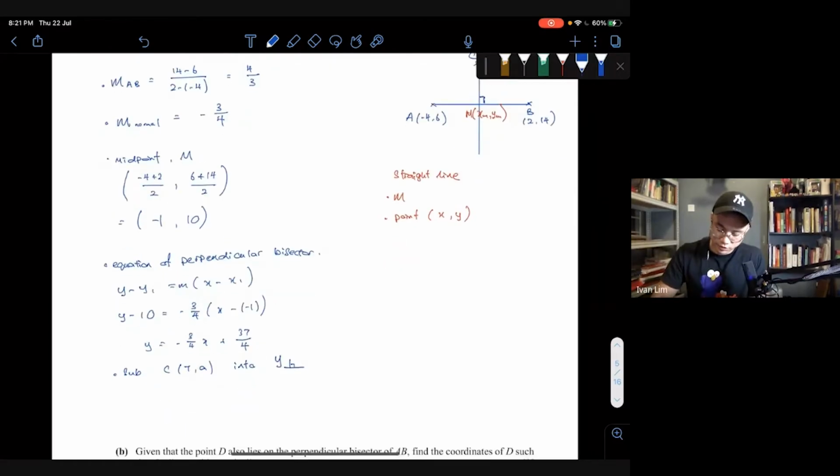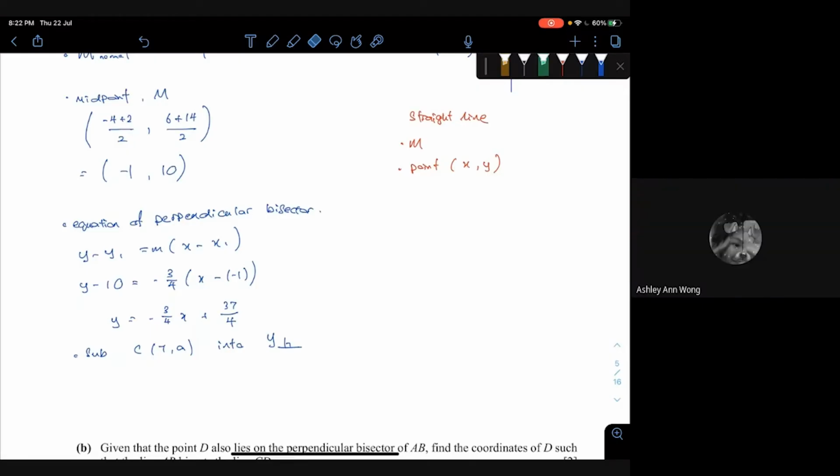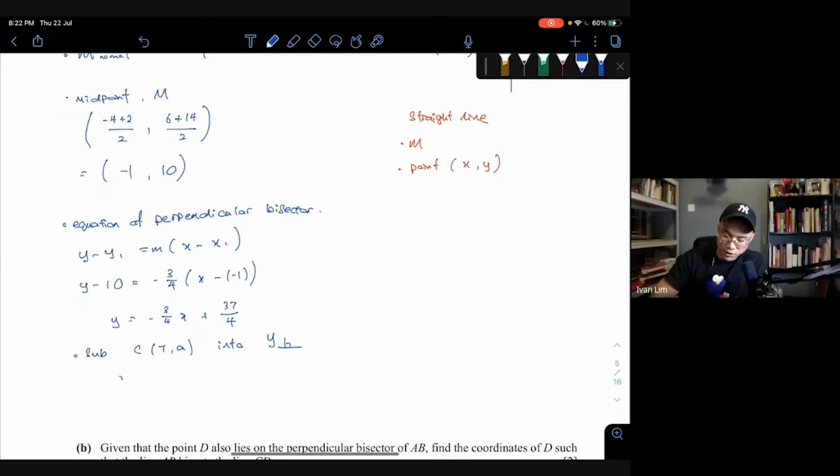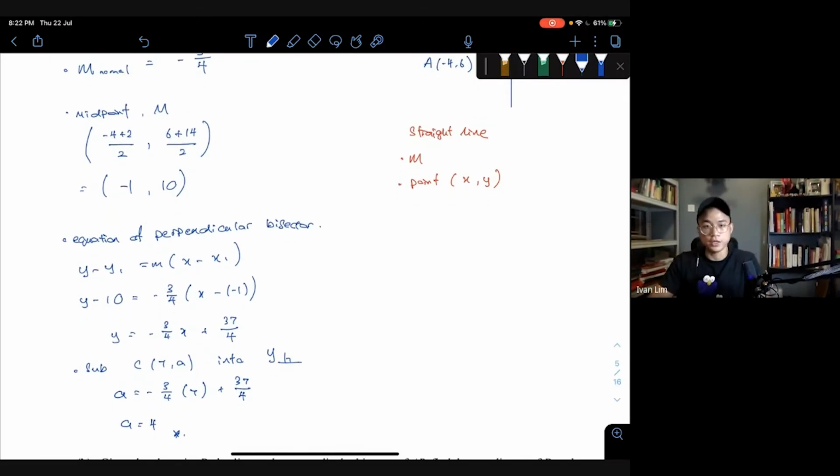Sometimes you can use this symbol also, it's a perpendicular sign. So let's sub it in. a equals -3 over 4 times 7 plus 37 over 4. You end up getting a equals 4. So that's the coordinates for C.